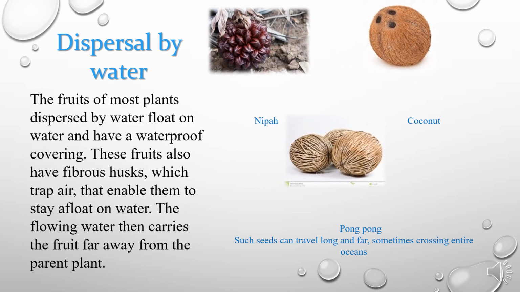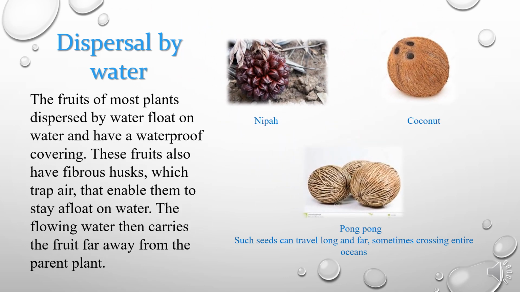Now the second is dispersal by water. Fruits of most plants dispersed by water are able to float on water and have a waterproof covering. These fruits also have fibrous husks. Like these trap air that enable them to stay afloat.